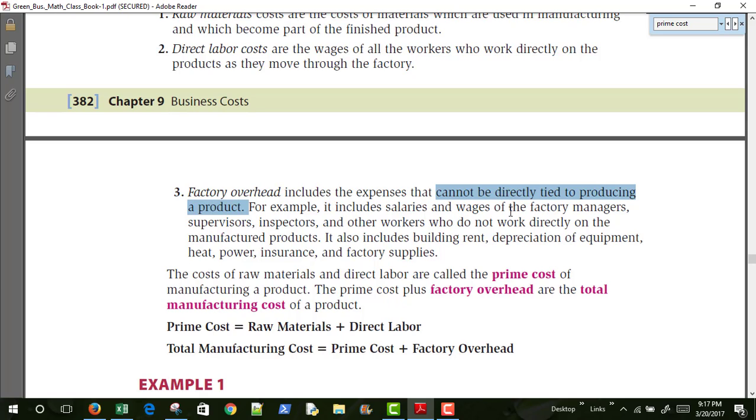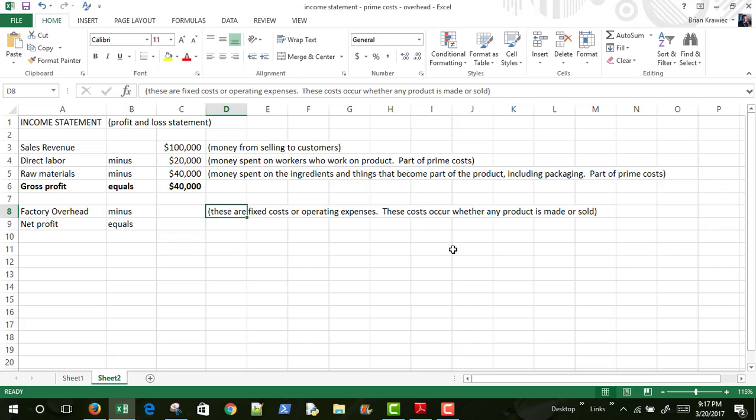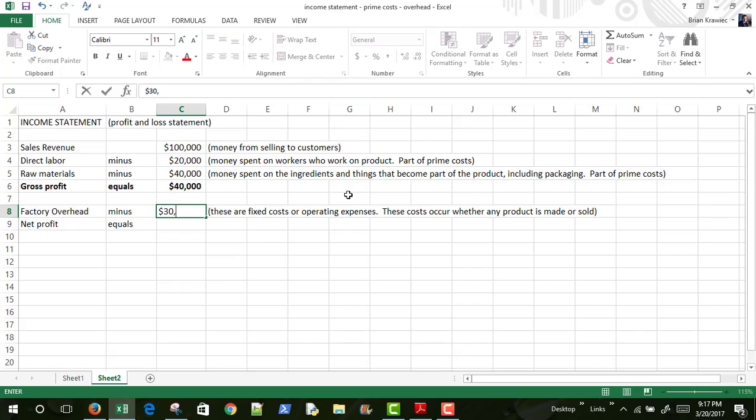Wages of factory managers, supervisors, inspectors, and so on. People who aren't really directly touching the product or making the product. Plus all these other things like rent and heat and insurance and other things. Okay, so let's say that we have factory overhead. Let's call that 30,000. Oops.